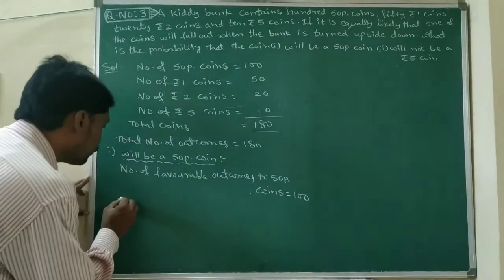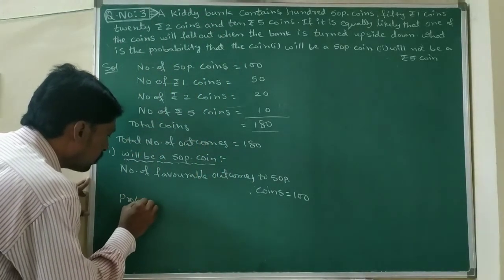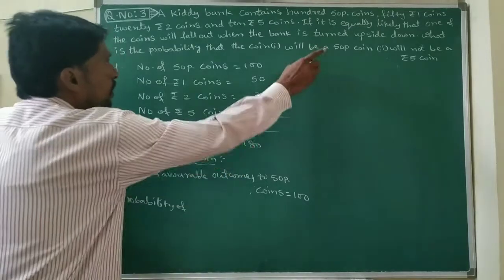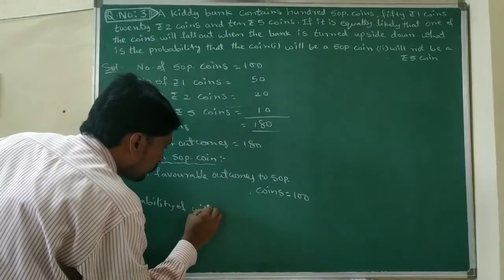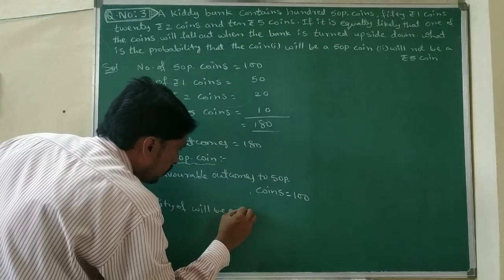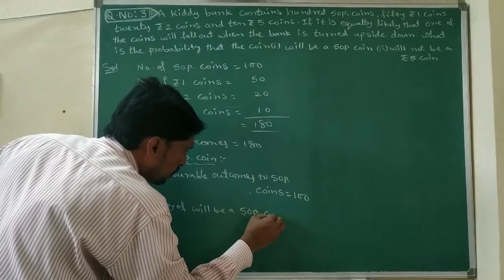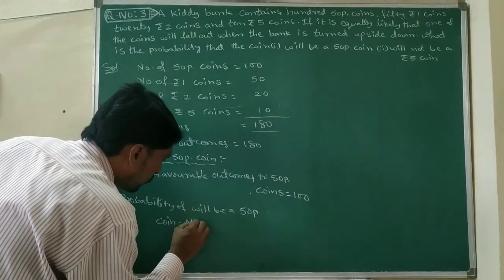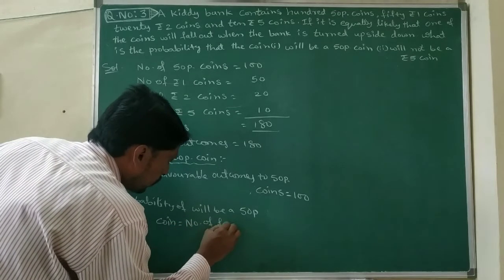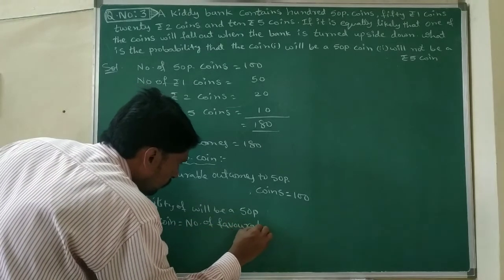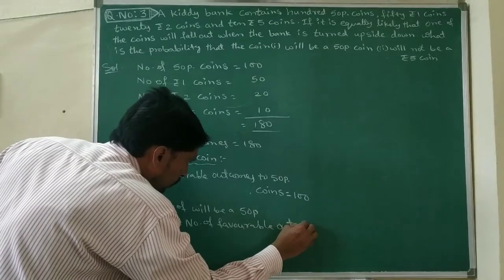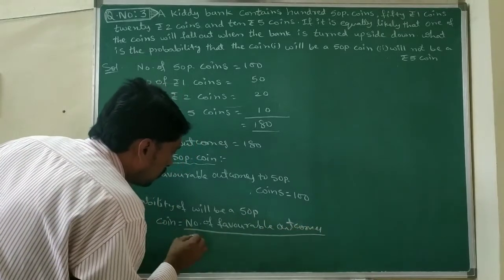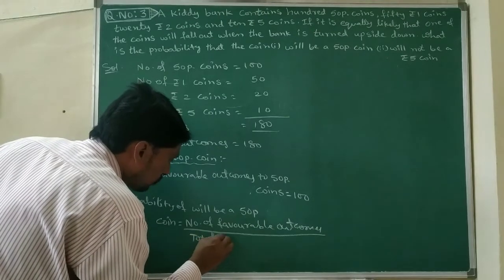So probability of will be a 50 paise coin equal number of favorable outcomes to 50 paise coin by total number of outcomes.